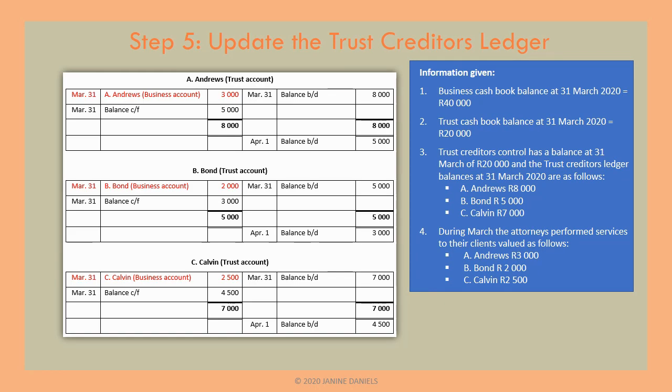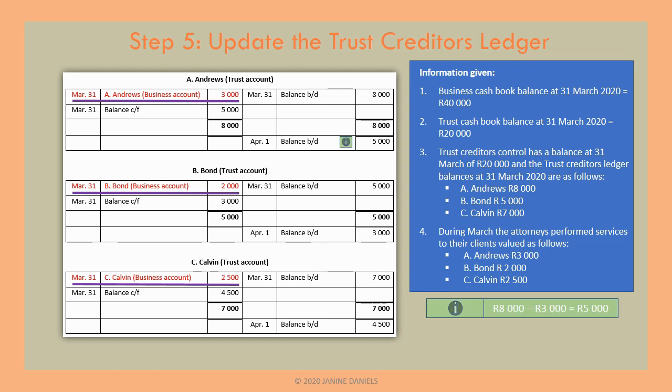Next, the trust creditors ledger should be updated by debiting each person's trust account. After adjusting for the transfers, A. Andrews will have a balance of 5,000 Rand. B. Bond will have a balance of 3,000 Rand.